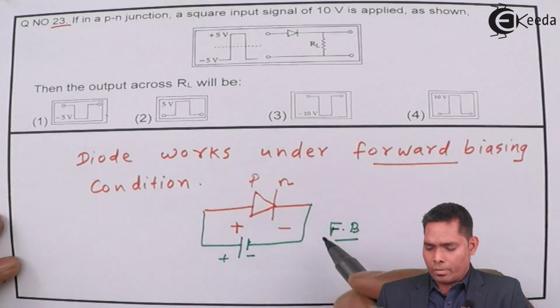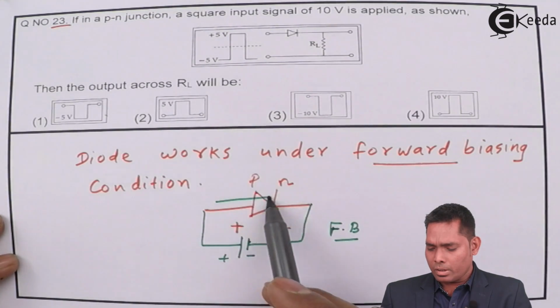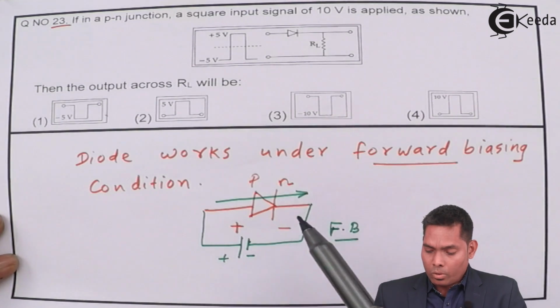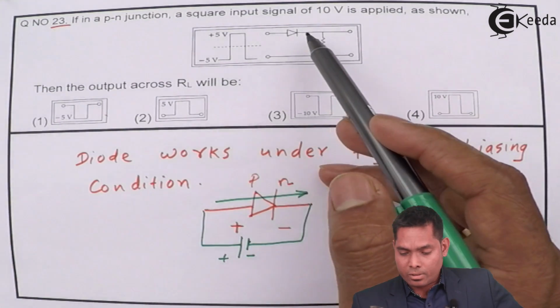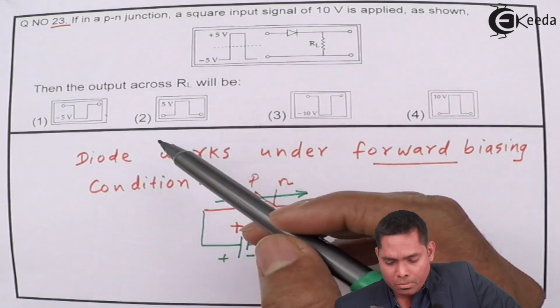So the diode always works in forward biasing condition. To have forward biasing, this has to be connected to the positive terminal.